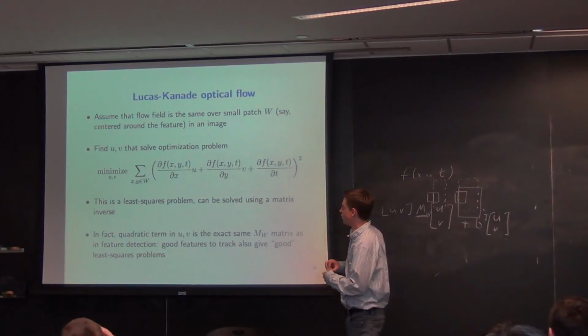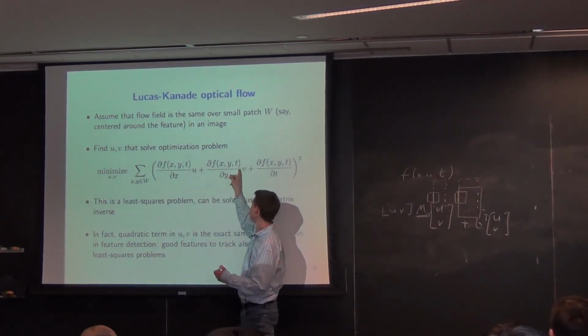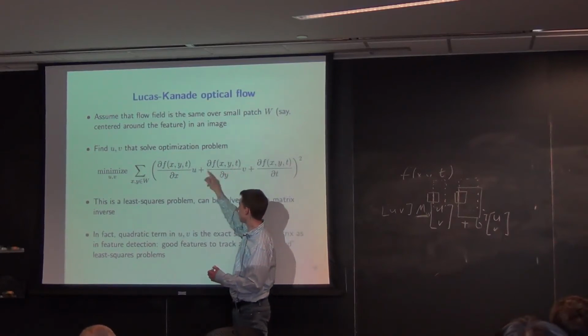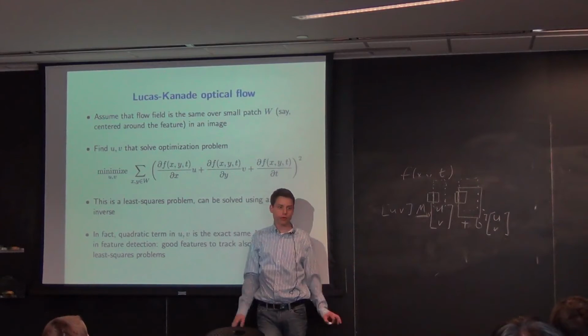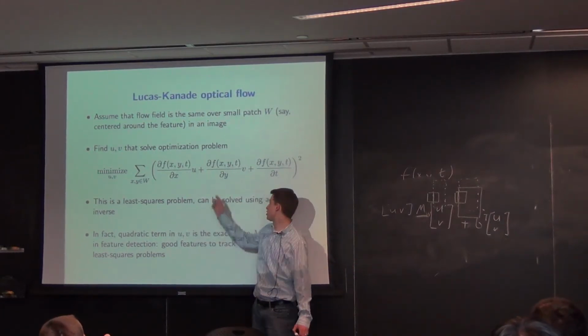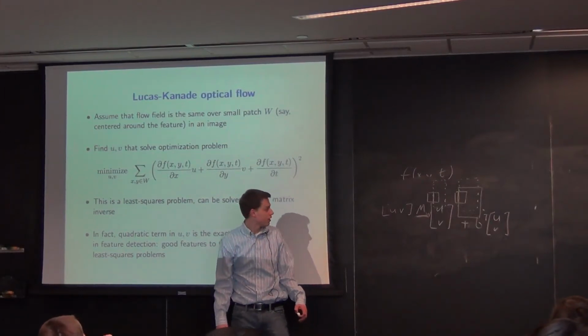The term that multiplies this squared is this thing squared, and the cross terms are this times that, which is exactly the same form, because this is for a fixed t. The t doesn't actually matter. It's as if you're using a single image here.